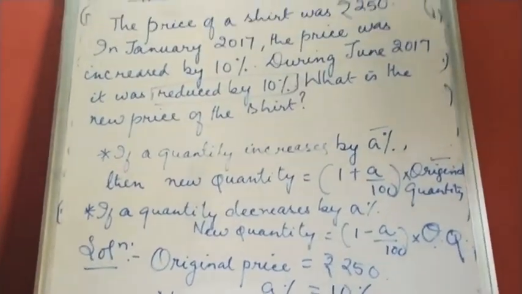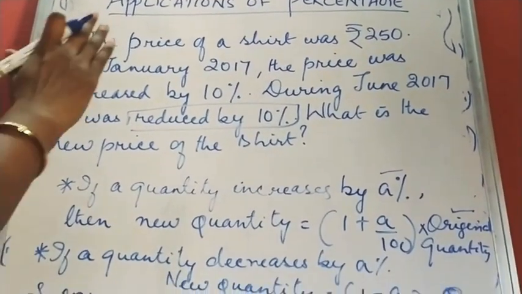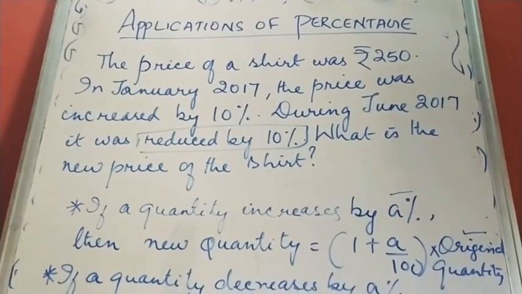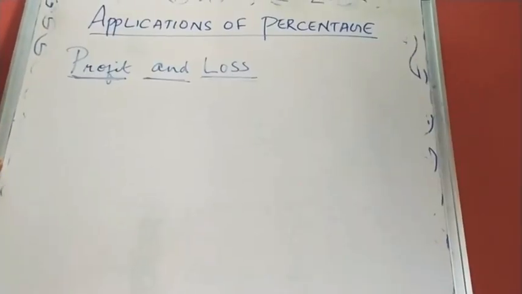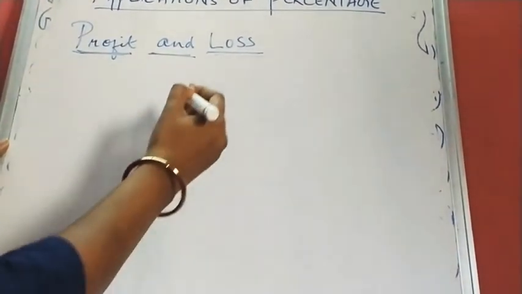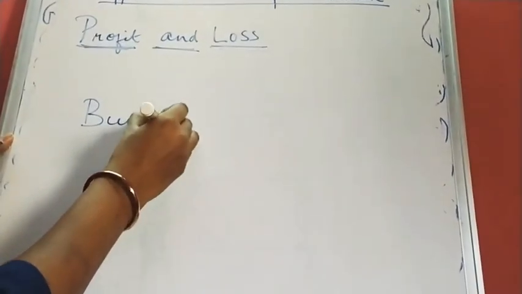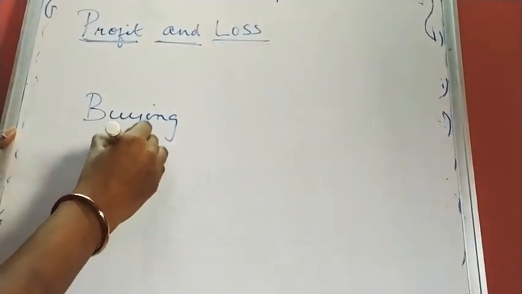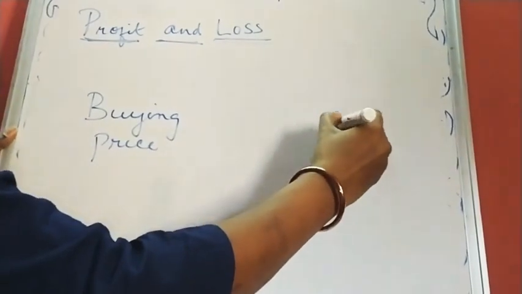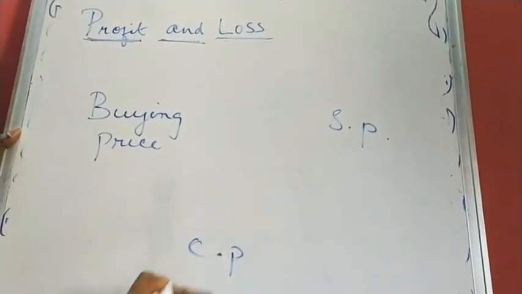Now let's go on to the unit that I need to teach today, that is application of percentage on profit and loss. Before going into this topic, we need to know about the buying price, the selling price and the cost price.